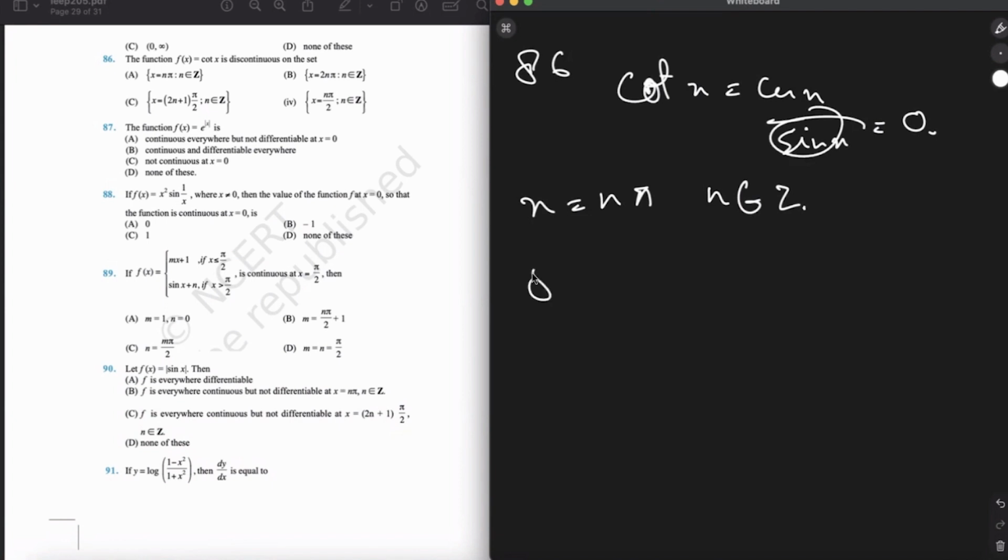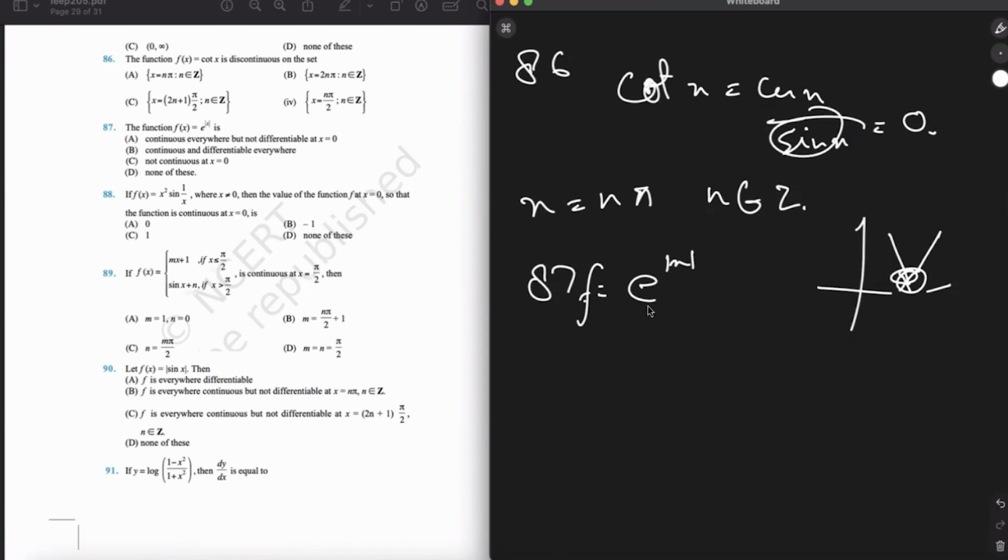Now question 57. The function f(x) is equal to e raised to the power of mod of x is: continuous everywhere, continuous and differentiable, not continuous, none of these. See, it will be continuous everywhere, because the mod makes it continuous, but it makes it non-differentiable at the point where it is making a kink. So we have to just check.